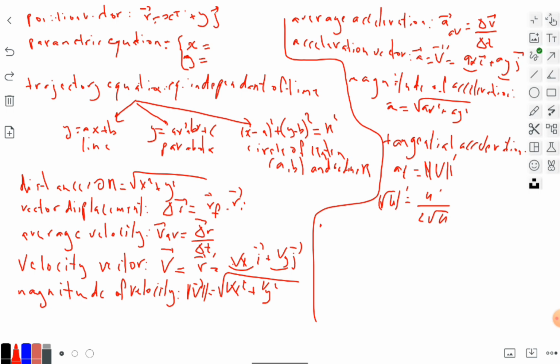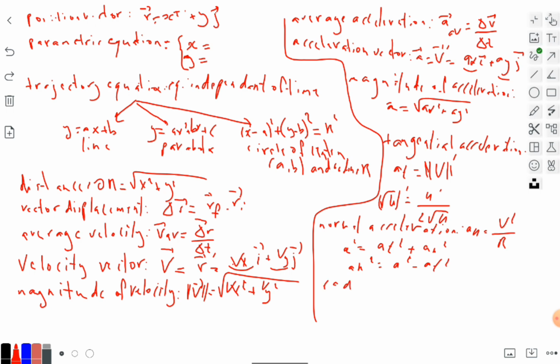Normal acceleration an is equal to v square over r, or, since we have a square equal at square plus an square, we obtain an square equal to a square minus at square.